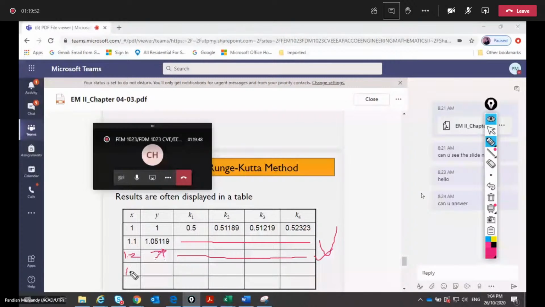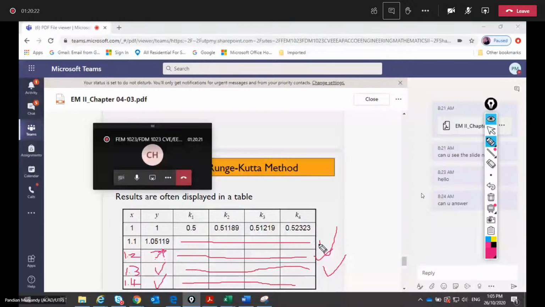And then you fill up this and calculate all this, and then calculate 1.4. At 1.4, you may find this value only. This one is up to you, but if you leave it empty, it does not look nice. So you have to fill up all this, 1, 2, 3, 4, and complete the whole table.